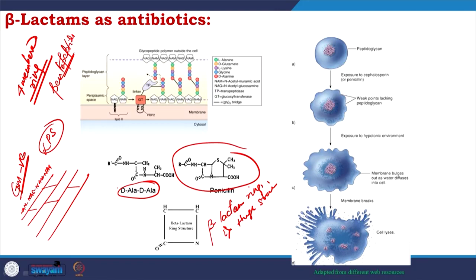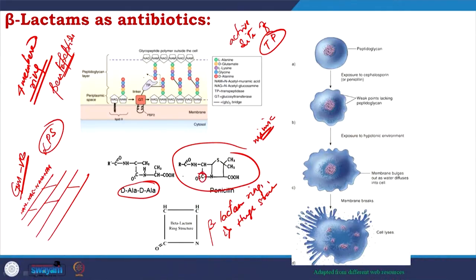So, penicillin works as a mimic of this, and this binds to the active site of the enzyme transpeptidase here. What is the result? So, first thing is, because of the chemical similarity between DLR and penicillin or beta-lactams, they successfully bind in the active site of the enzyme transpeptidase.